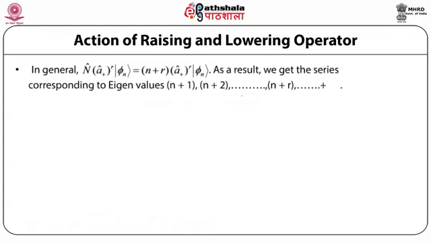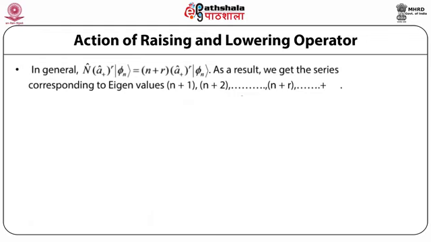That is, n plus r is the eigenvalue corresponding to the eigenvector phi n when the number operator and the raising operator acting r times acts on the eigenvector phi n.